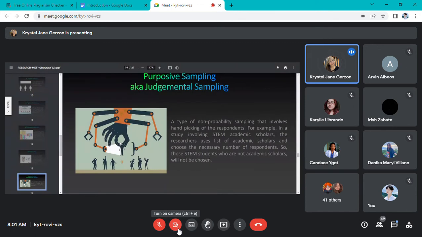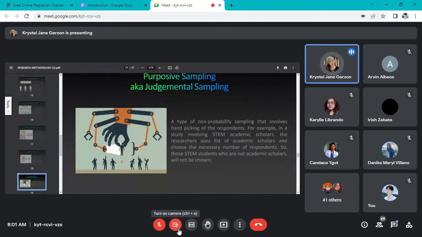So you are going to provide criteria based on what is best suited to your study. If you have that, then you would have to use purposive sampling.